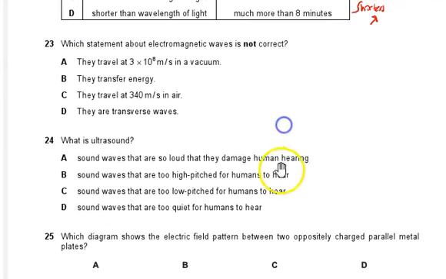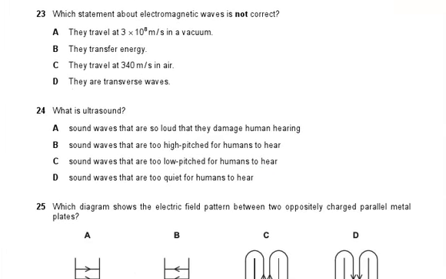Now we move to 23. Which statement about electromagnetic waves is not correct? They travel at 3 multiplied by 10 to the power of 8 meters per second in a vacuum. This is correct. They transfer energy. Waves have to transfer energy, that is their main purpose, like sound waves.